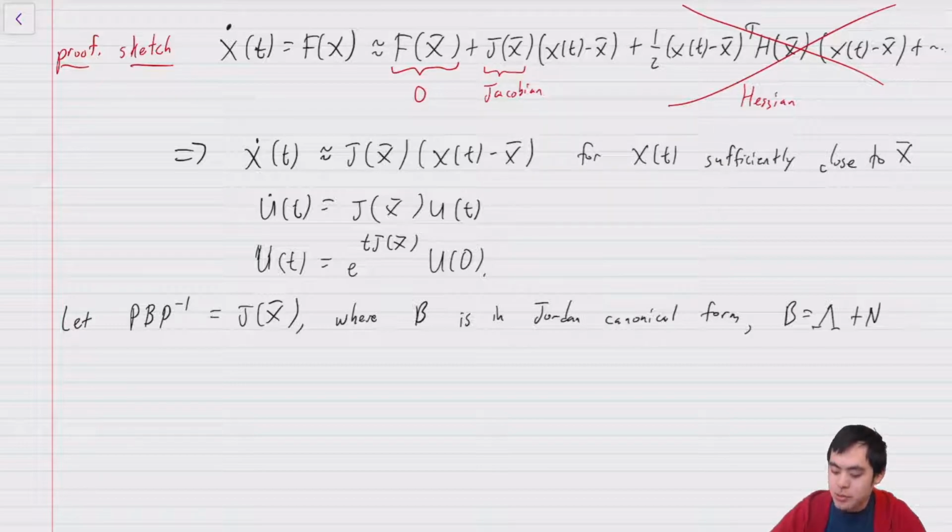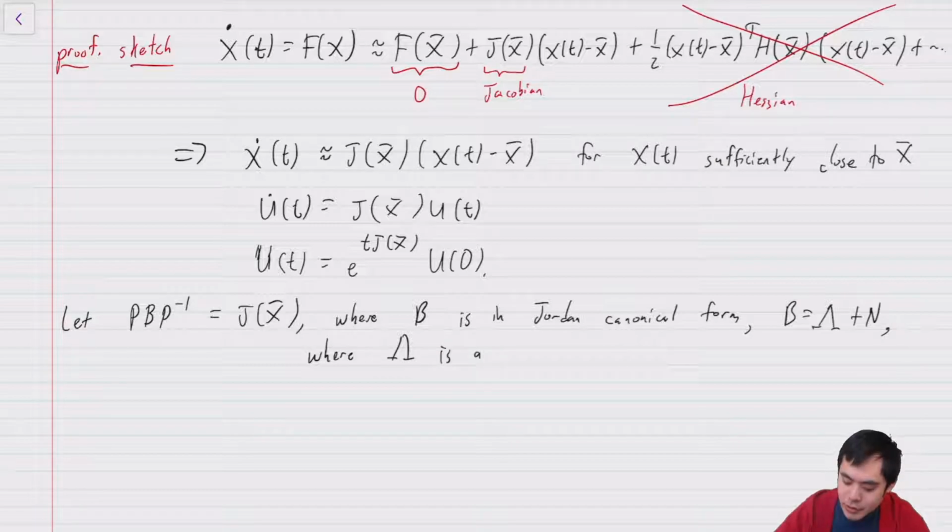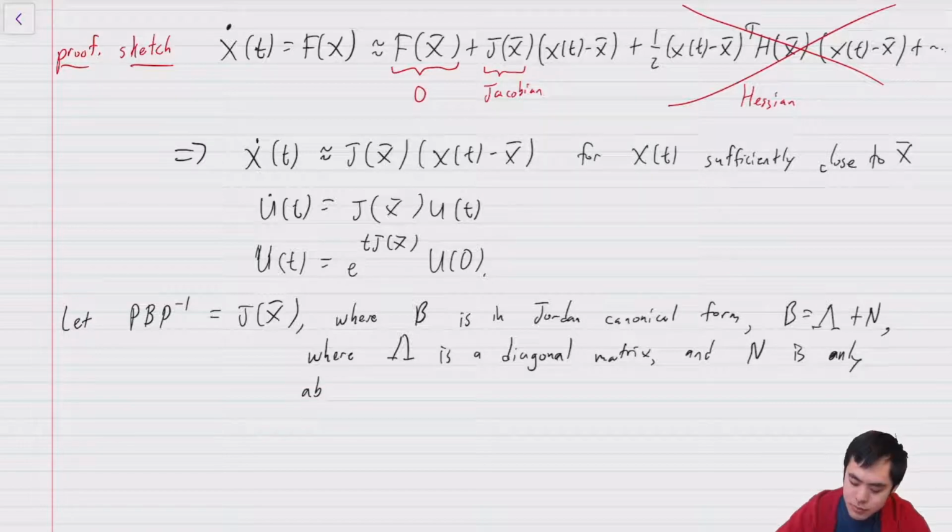So we can decompose B into a diagonal matrix, capital lambda, plus a matrix N which only has entries directly above the diagonal.